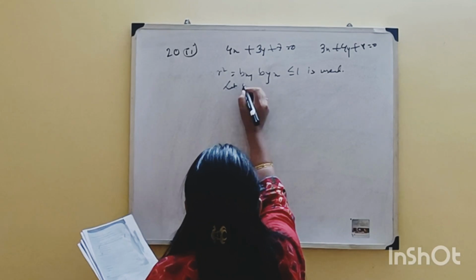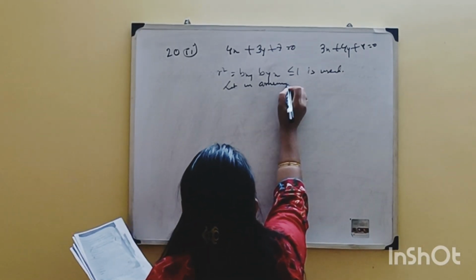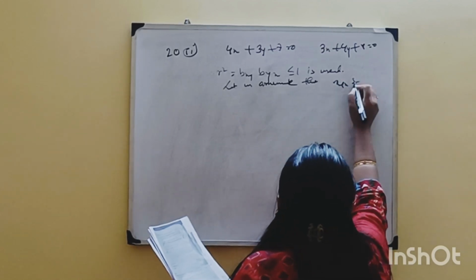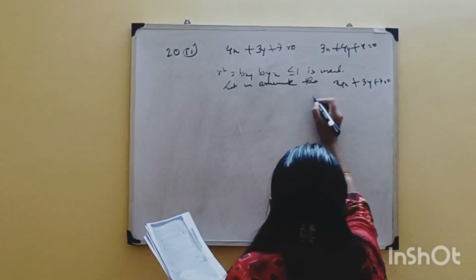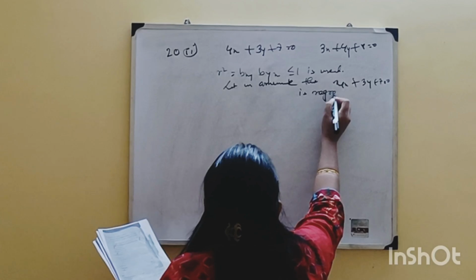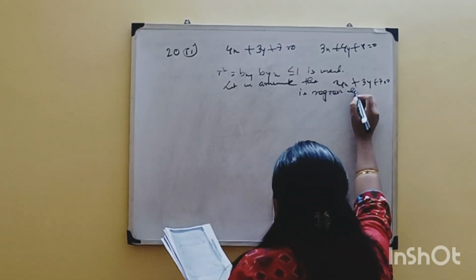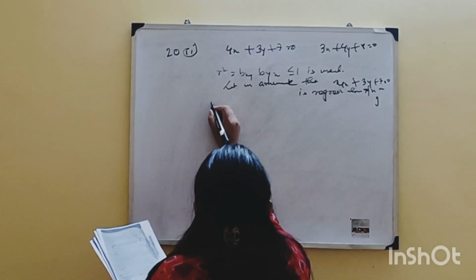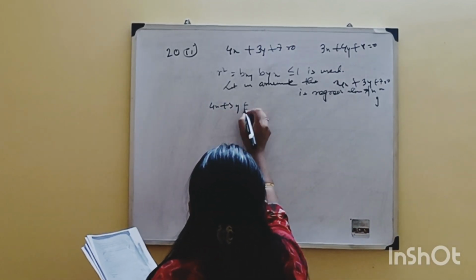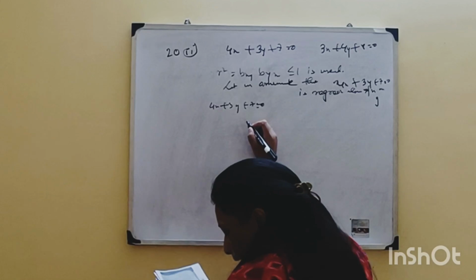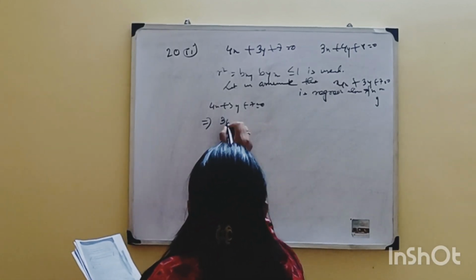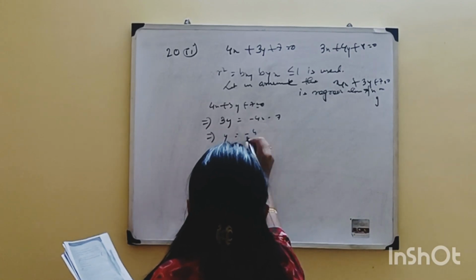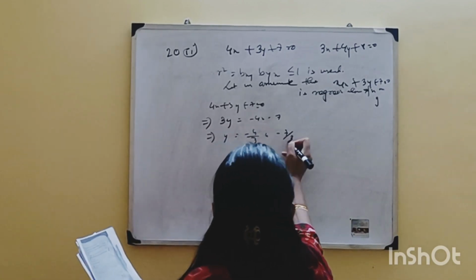Let us assume that 4x plus 3y plus 7 equals 0 is the regression line of x on y. So 3y equals minus 4x minus 7, so y equals minus 4 by 3 x minus 7 by 3.